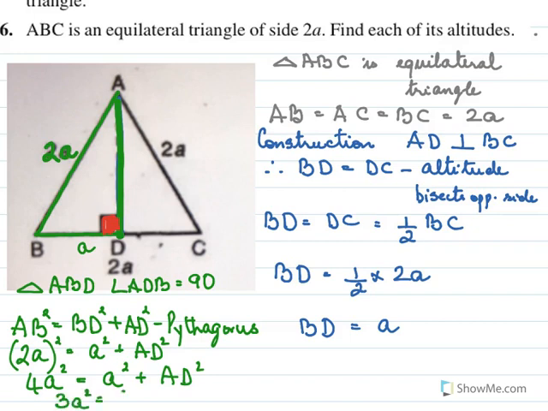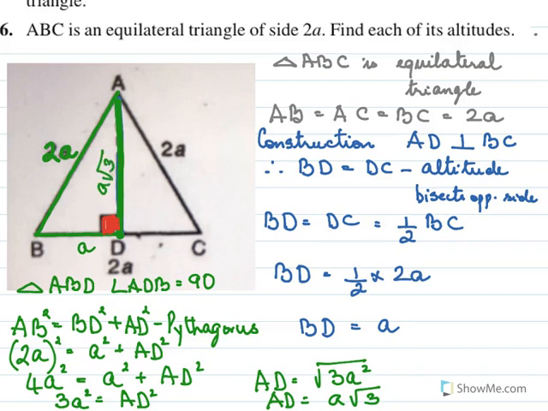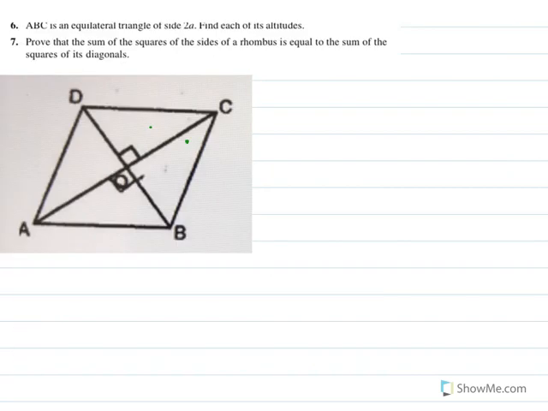When I take the A square to the other side, it becomes 3A square equal to AD square. So AD is under root of 3A square, so AD is A under root 3. So I get this is A under root 3.